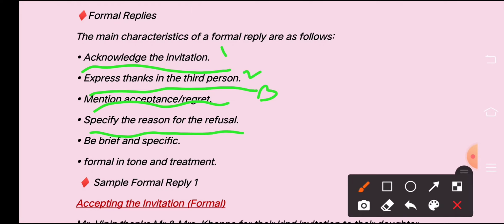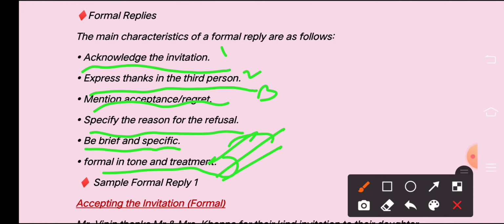But if you are writing a reply of acceptance, then you will show that you will come. It should be brief, specific, and formal in tone and treatment. This is quite important. As I told you, you cannot express your own desires and feelings. The tone should be formal.